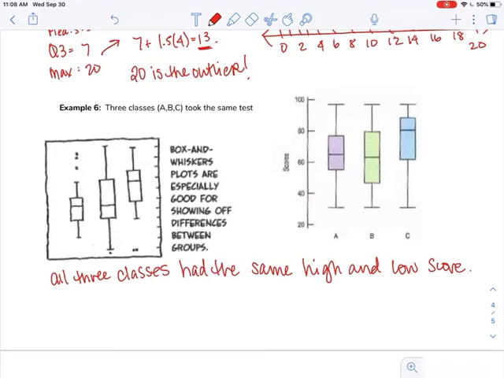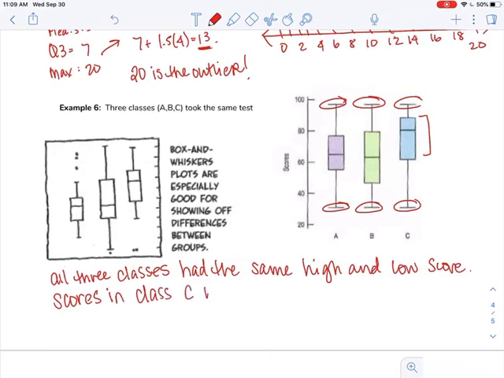How do we know that? Because they're all the same here with the low, and they're all lined up with the high. We also know that scores in class C were better.